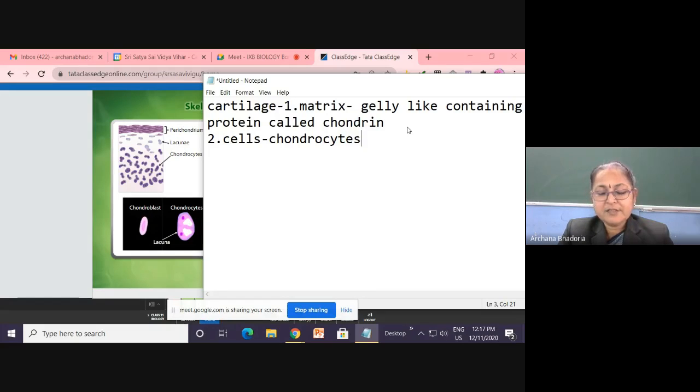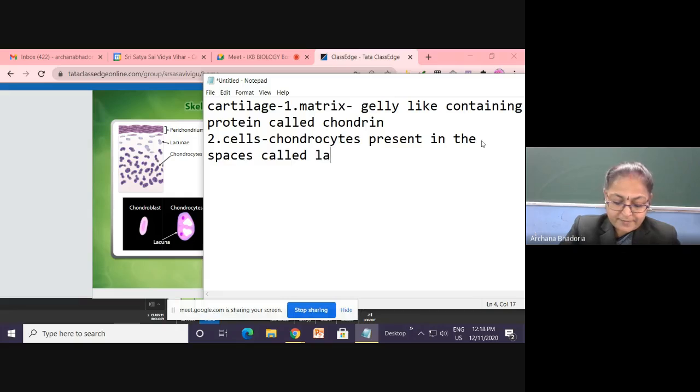The cells called chondrocytes are present in the spaces called lacunae.